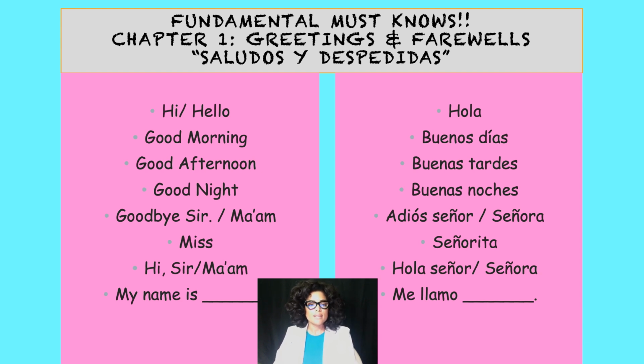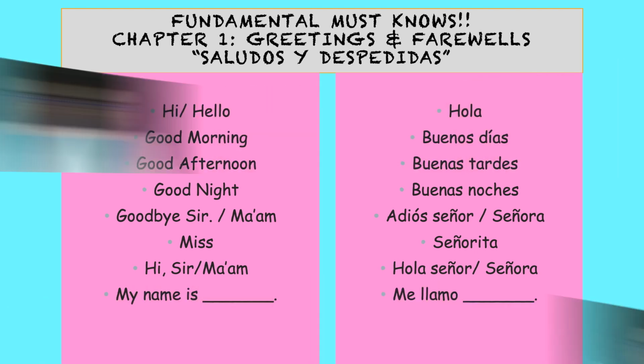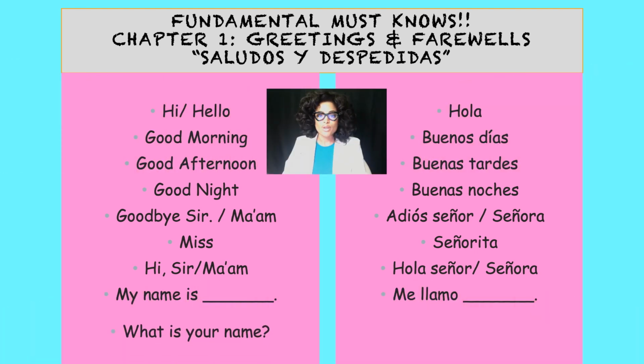So yes, I can say mi nombre es, which I'm sure you know. Mi nombre es Margarita. My name is Margarita. But you can also say me llamo Margarita. And that will cut down on the words, and then it's easier for you to pronounce, and it's easier for you to remember.